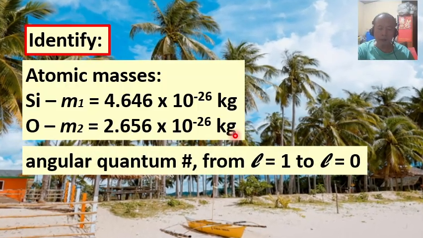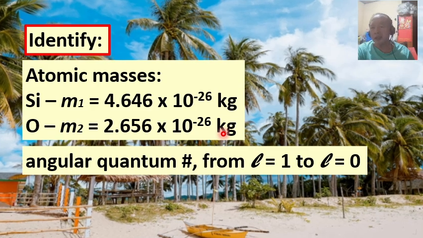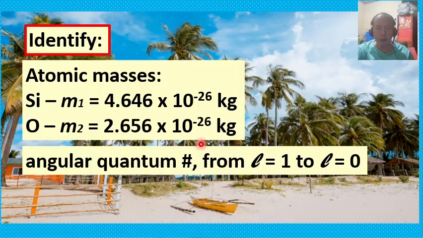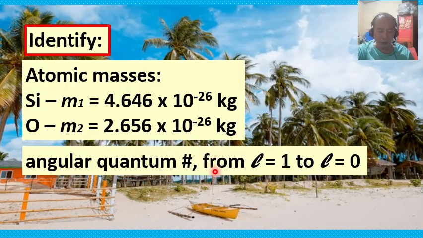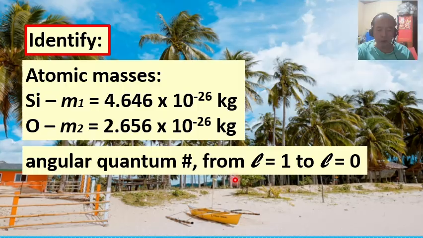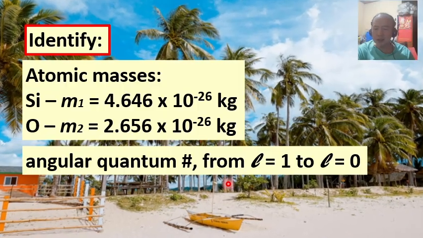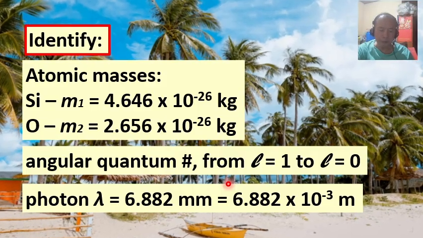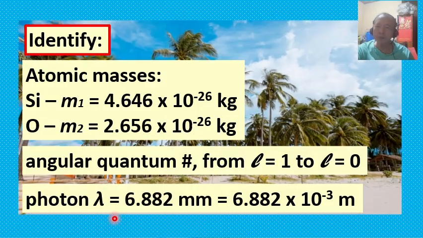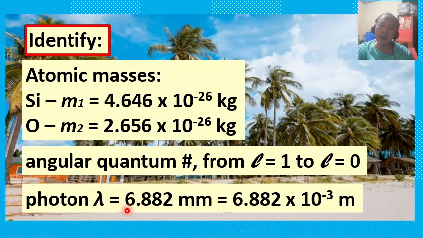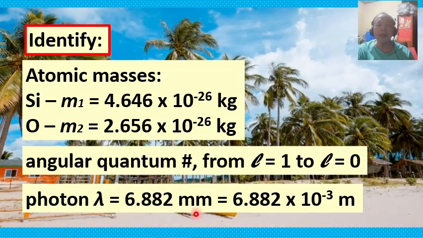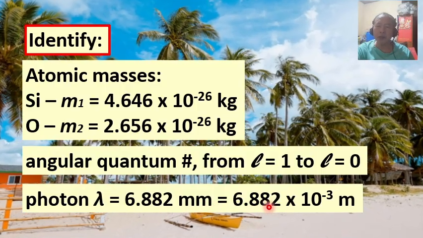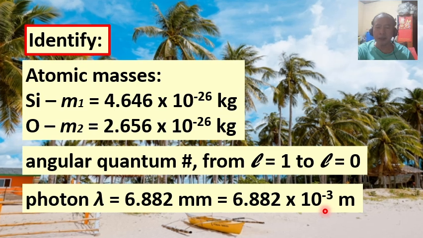When a molecule of silicon monoxide makes a transition between the angular quantum numbers small l equals 1 and small l equals 0 rotational levels, it emits a photon of wavelength lambda, given here as 6.882 millimeters, or when converted to meters, that's 6.882 times 10 raised to the negative 3 meters.